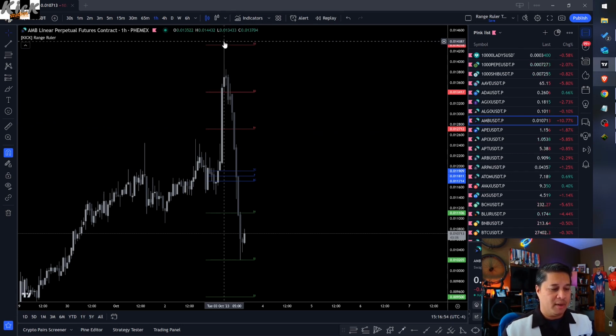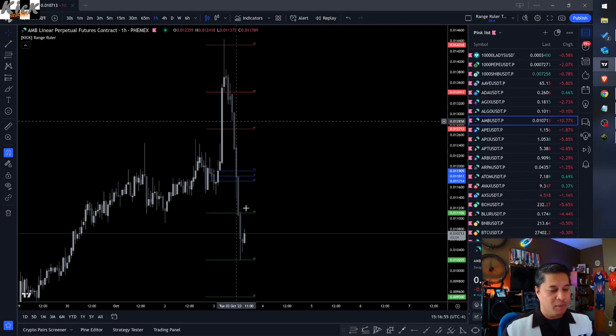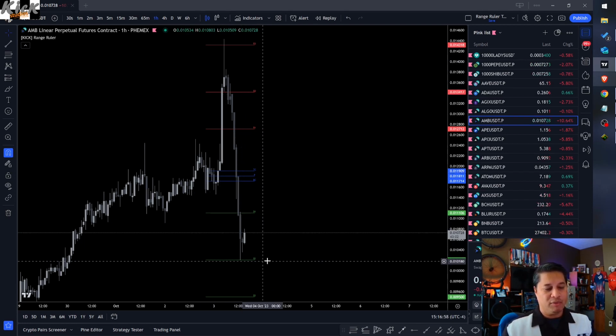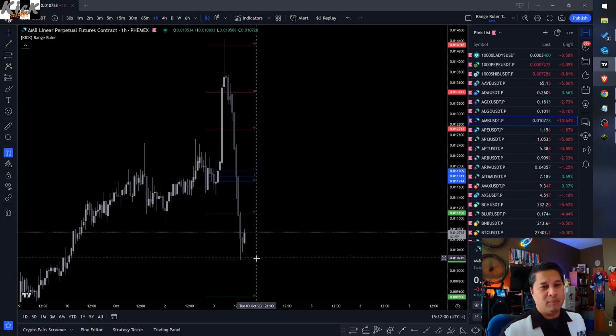It had quite a significant reversal, all the way back down, and now it's bouncing off of S2 down here below. Now, this is an altcoin with low liquidity, so you wouldn't normally expect Bitcoin or other larger coins to move this much during the day, but in this case you do.